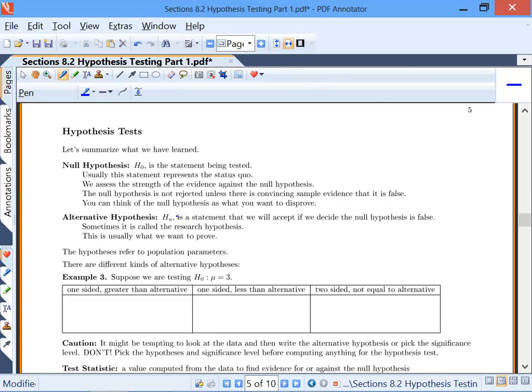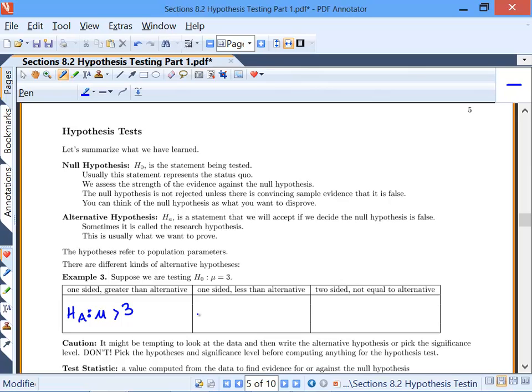There are different kinds of alternative hypotheses. For example, let's say we want to test the null hypothesis that a population mean is equal to 3. There are 3 different possibilities. You can have the alternative hypothesis that your population mean is greater than 3. That might be what you're interested in.